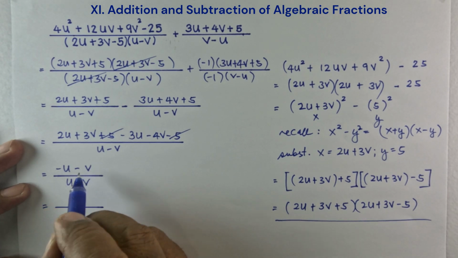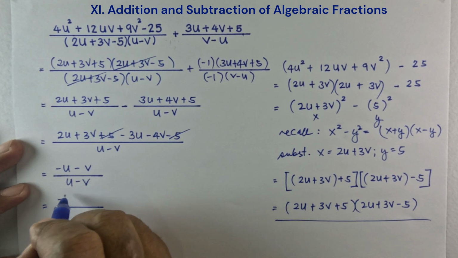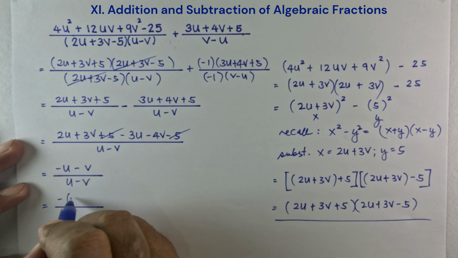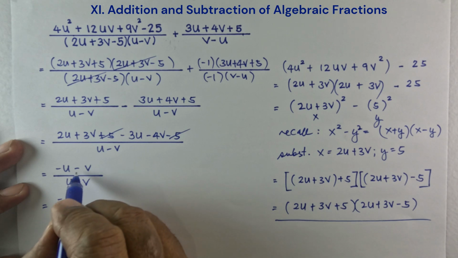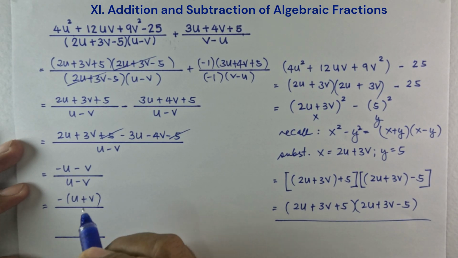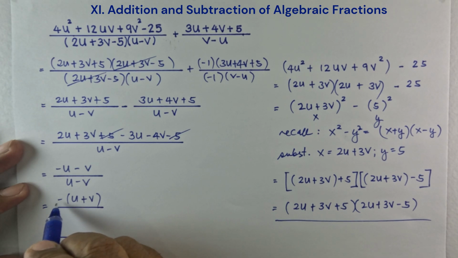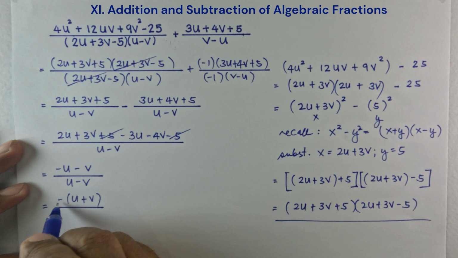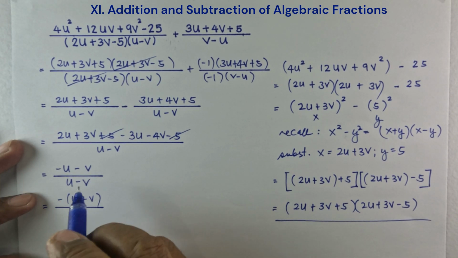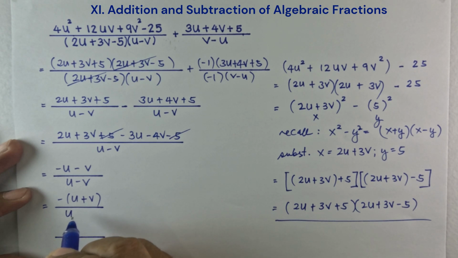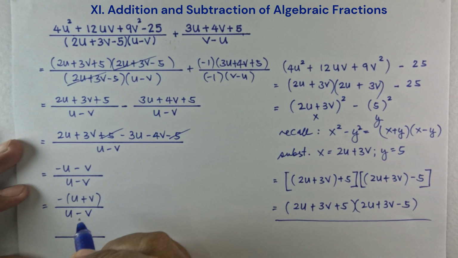Now we can rewrite this as minus. I'll enclose this in a parenthesis, so that becomes u plus v. So u preceded by a minus sign is minus u. v preceded by a minus sign is minus v. Over u minus v.